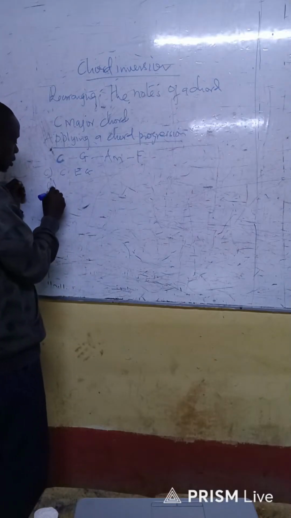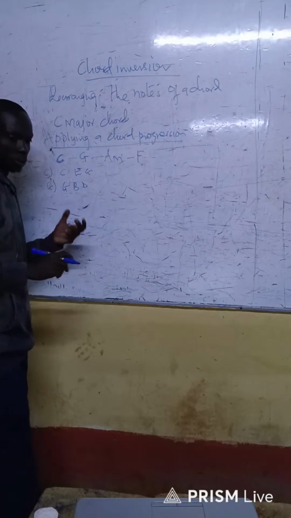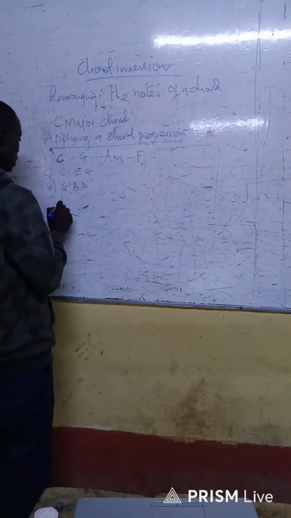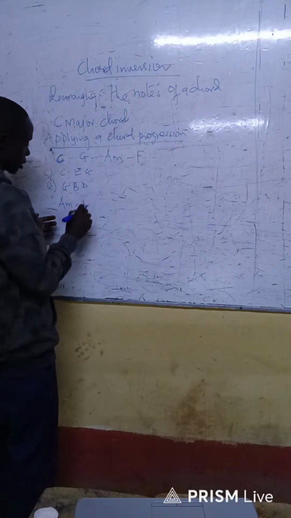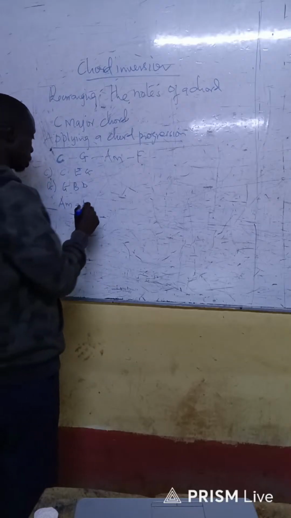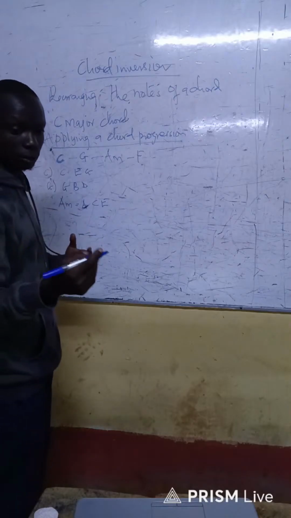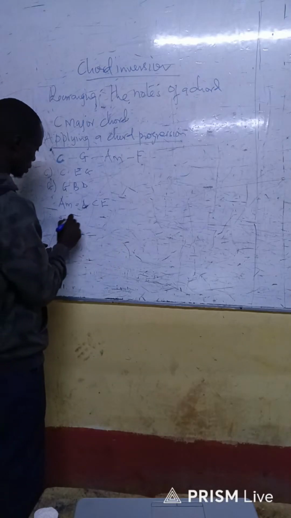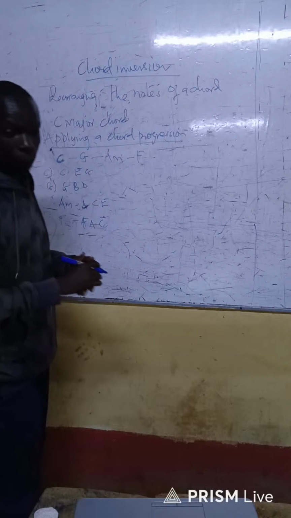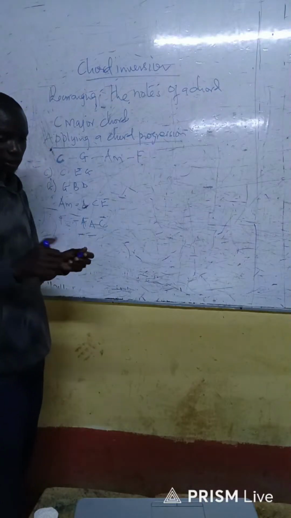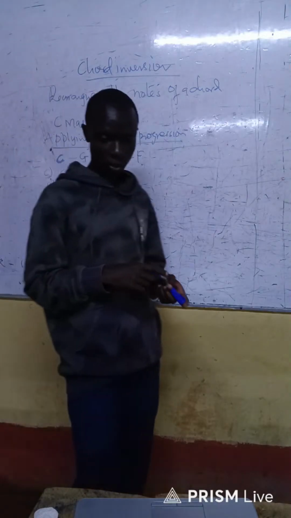Then we have the G chord, where you can play G, B, D. We have now A minor, which is A, C, and E. Then we have the fourth one, which is F, which is F, A, and C. Now, I will demonstrate later on how you play this on a piano, since I don't have one.